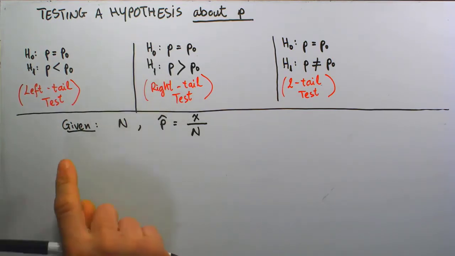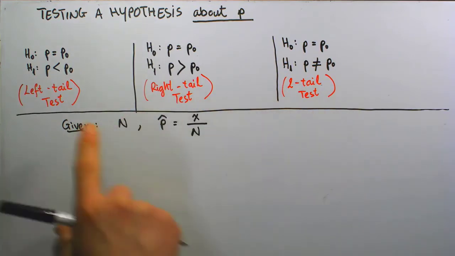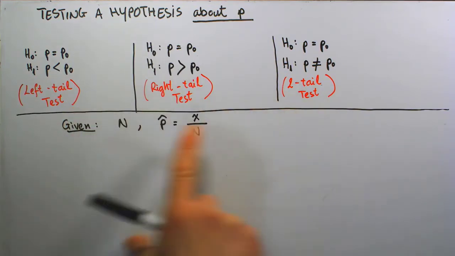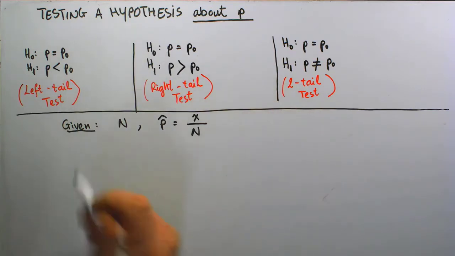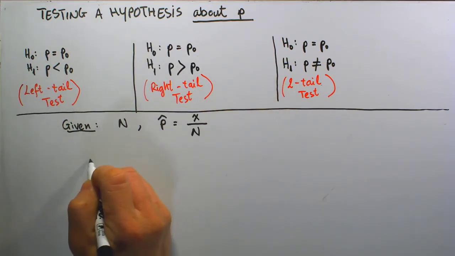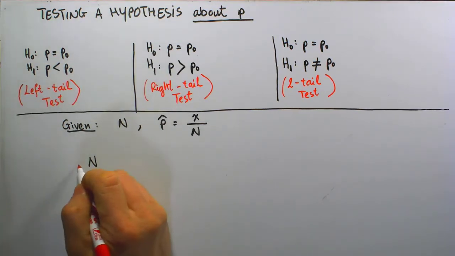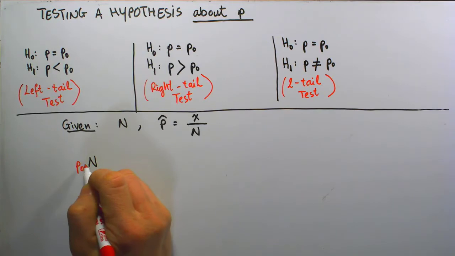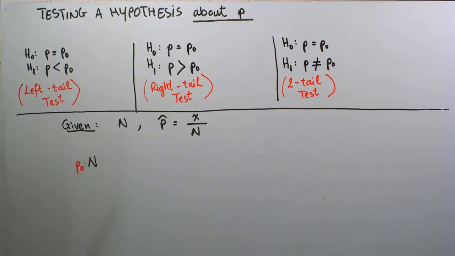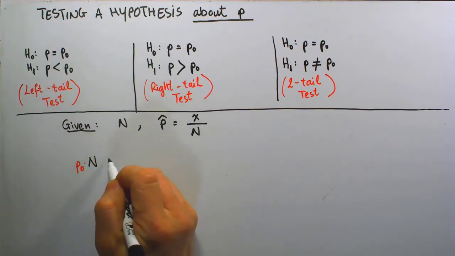That is general in any one of the three tests that we're doing, either left tail, right tail, or two-tail test. We must multiply our given sample size with p sub 0 and check to see if this product is a number that's greater than or equal to 10.